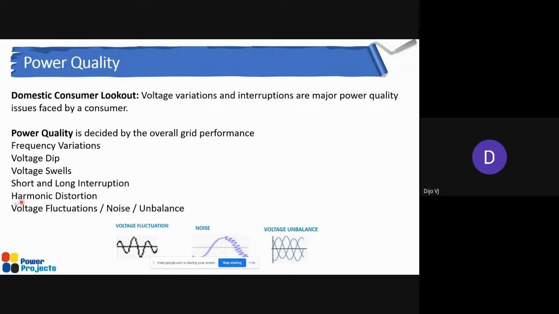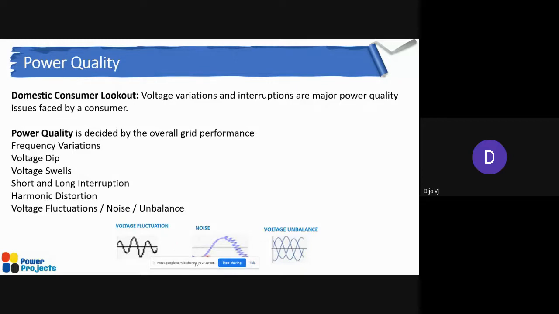Harmonic distortion, this is the main thing which we are going to discuss today, because that is more related to the smart grid integration. The other parts are related to the primary system itself, but harmonic distortion can be created because of the components in the smart grid integration itself. Voltage fluctuation: you can see the voltage is fluctuating, it goes higher, then gets reduced, and after a few cycles it goes higher again.